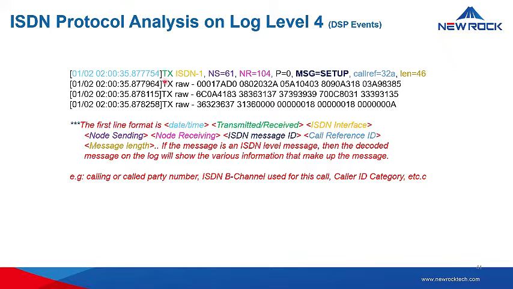And of course, this is transmitted or received. Then this is ISDN interface 1, the node sending, the node receiving, and of course the message ID. The first one is the setup, and the call reference ID. Usually this is the message length.